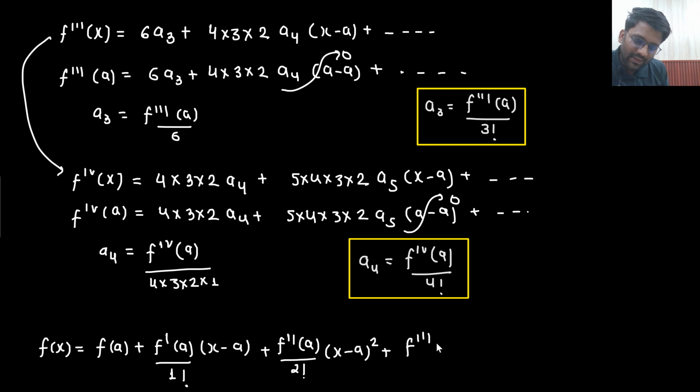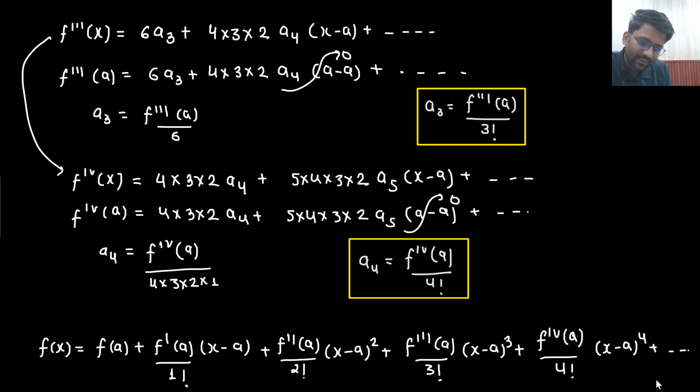Then 3 time differentiation, put x equals to a, divided by 3 factorial, then here the power will be of 3. Then 4 time differentiation, put x equals to a, divided by 4 factorial, x minus a to the power 4, and so on.